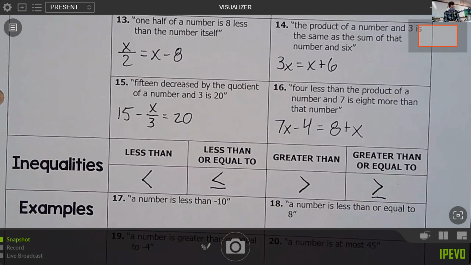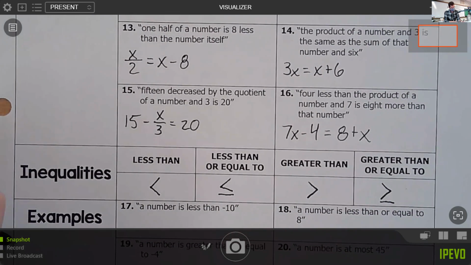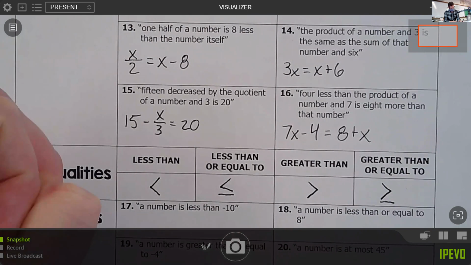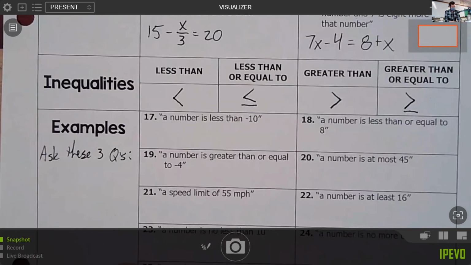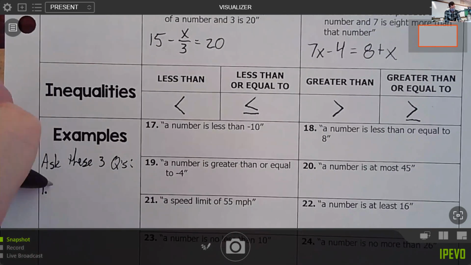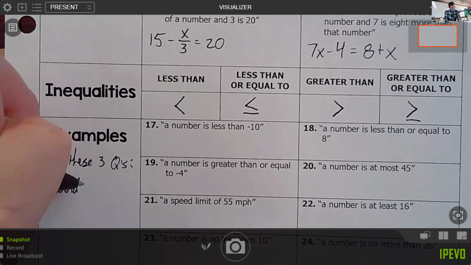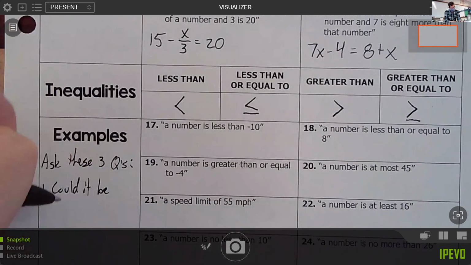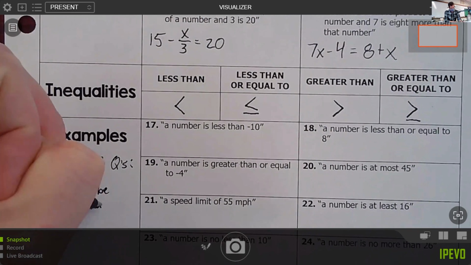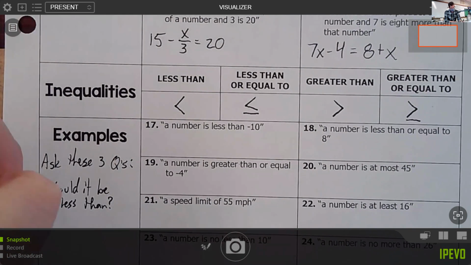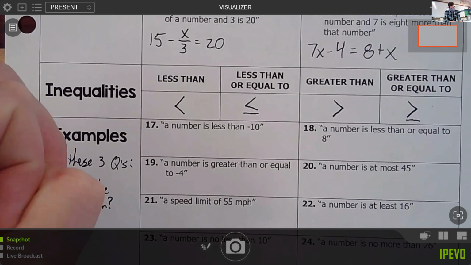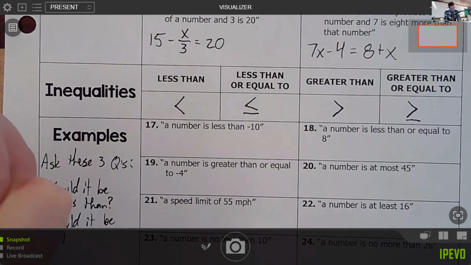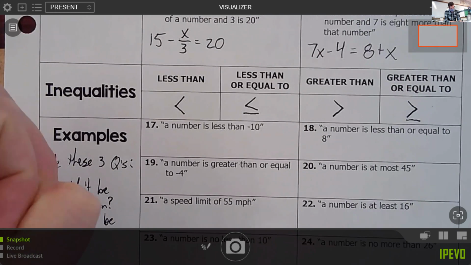So ask these 3 questions. Number 1. Could it be less than? Could it be equal to?